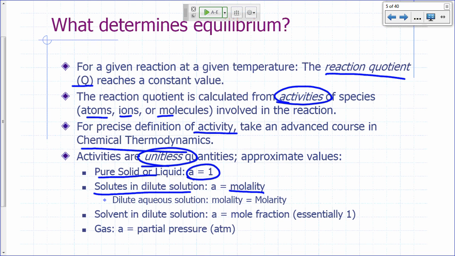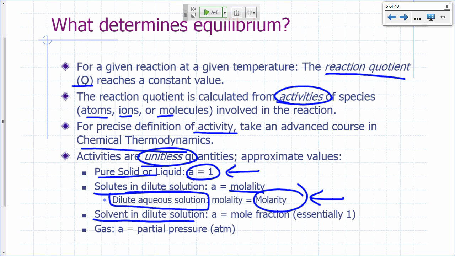Since we are going to be doing mostly aqueous solutions, remember, in a very dilute aqueous solution, molality is essentially molarity. So for our purposes, we're just going to use molarity as our activity. Okay, so pure solid or liquid, activity is 1. Dilute aqueous solution, the activity is the molarity. It's just the numerical value, no units.